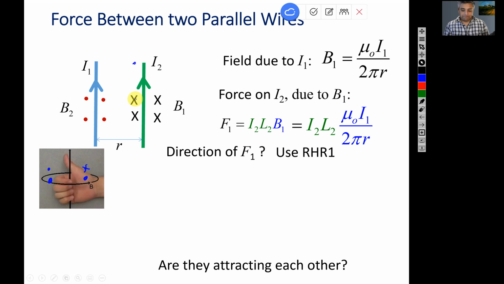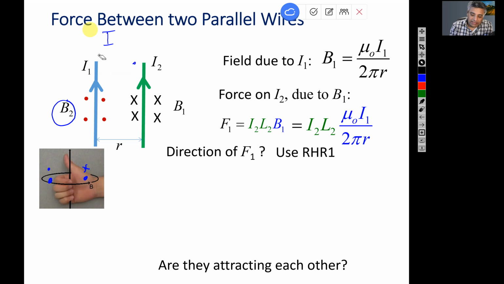So now what's the direction of the force? Use the right hand rule where the magnetic field is B2, which is coming out of the screen, and the current I1 is flowing this way, right? So that's the current, and this is the magnetic field.